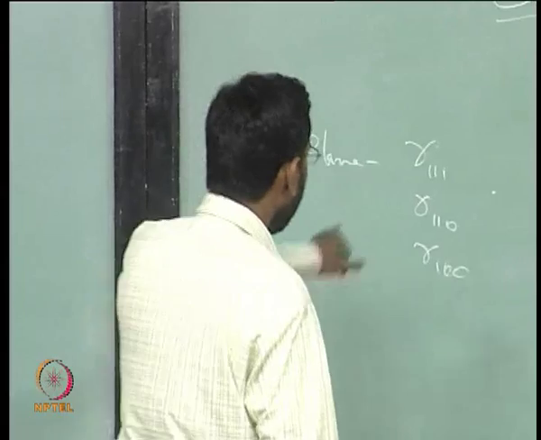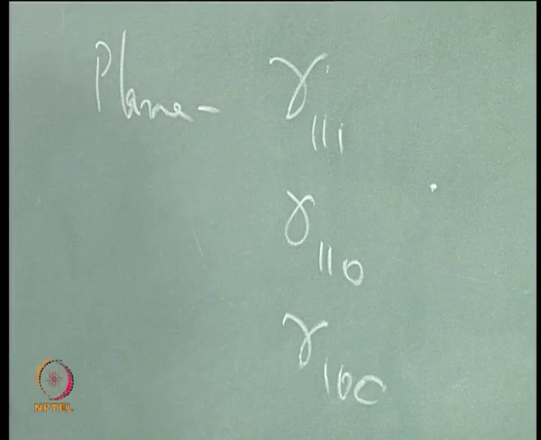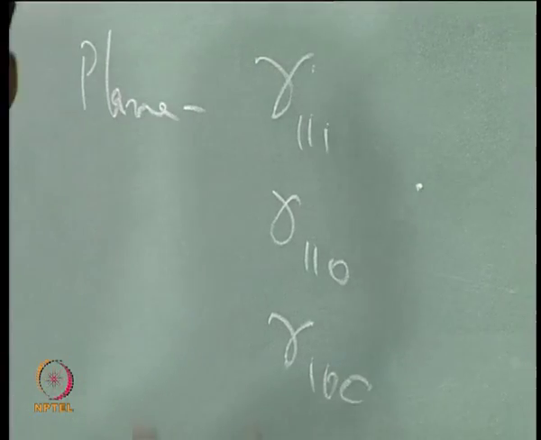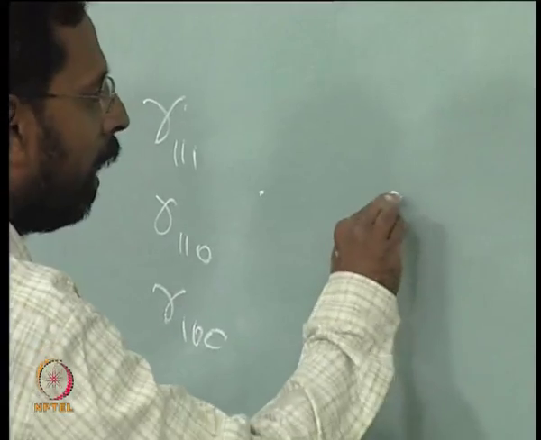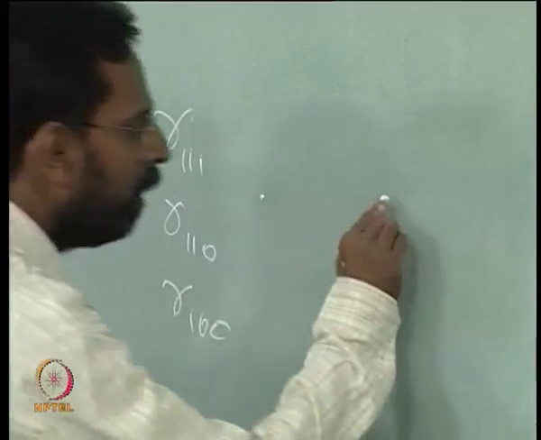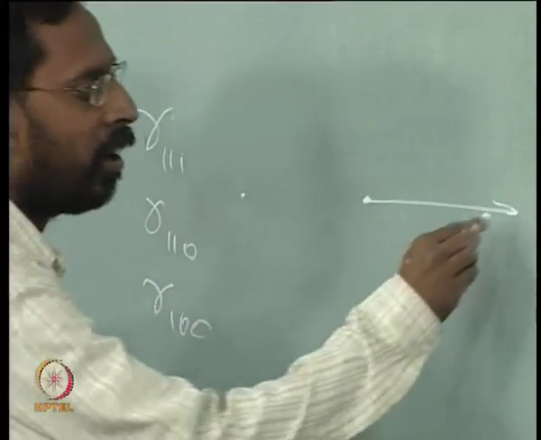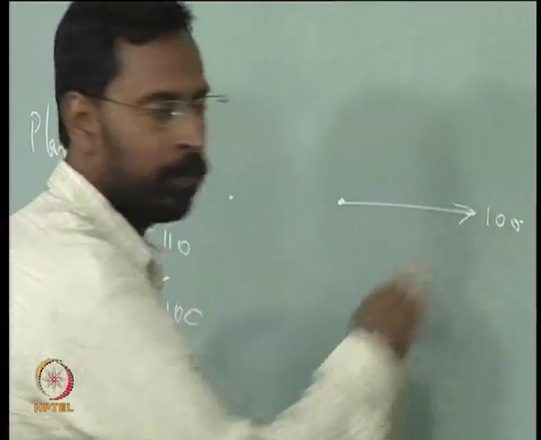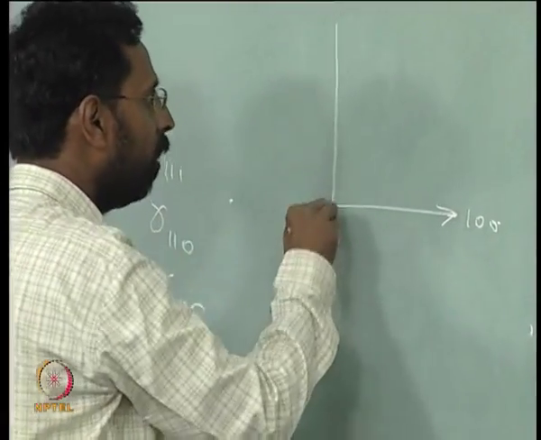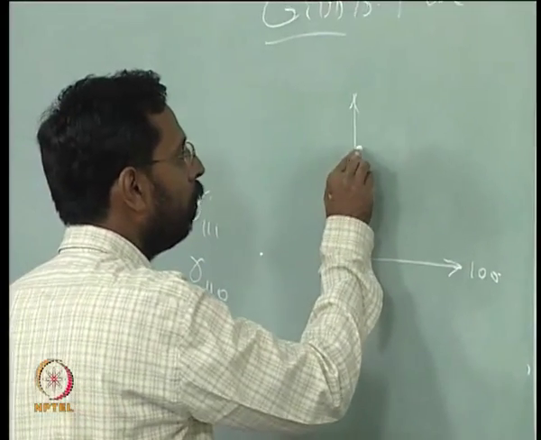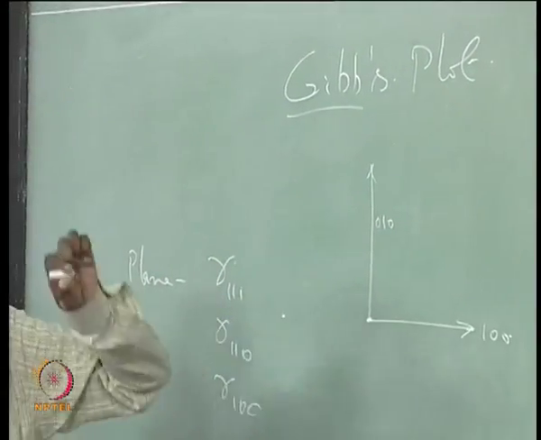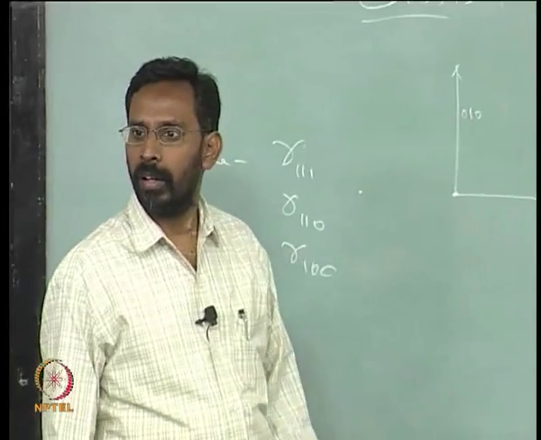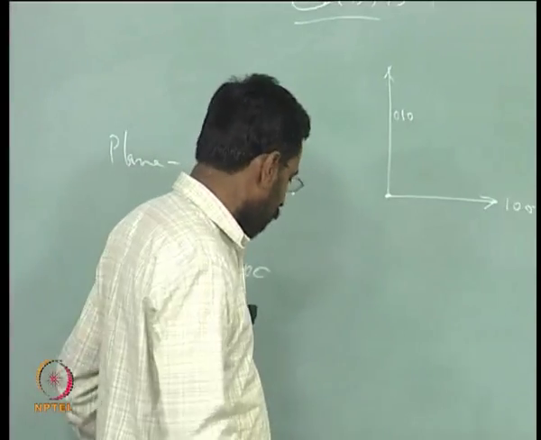And so these surface energies are there, and I try to find a polar plot where I take a dot and draw a direction and call this 100, a perpendicular direction I call 010, and this is 001, let us say.